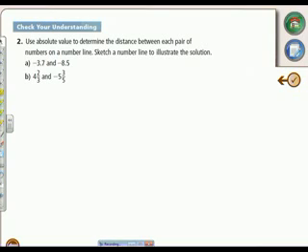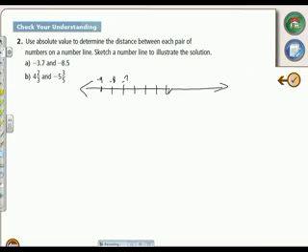Use absolute value to determine the distance between each pair of numbers on a number line. So all we're going to do is sketch to illustrate. Let's draw a quick number line. We've got negative 9, negative 8, negative 7, negative 6, negative 5, 4, 3, 2, 1, 0.